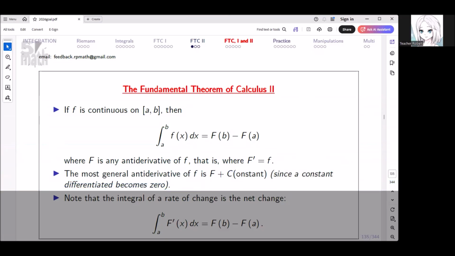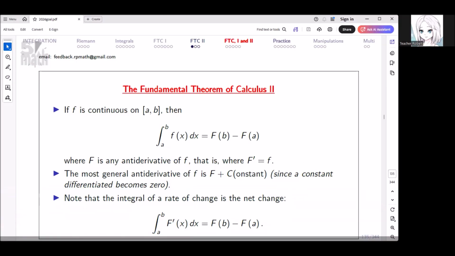The most general antiderivative of little f is big F plus c, a constant, since a constant differentiated becomes 0. Note that the integral of a rate of change is the net change.